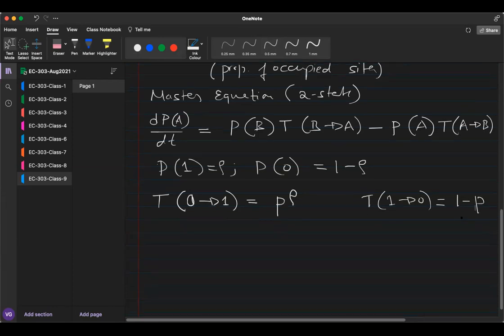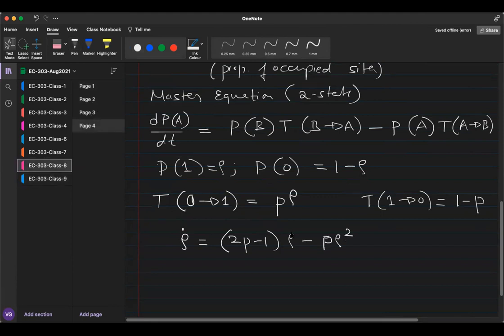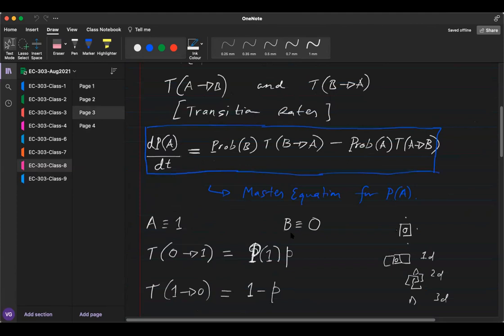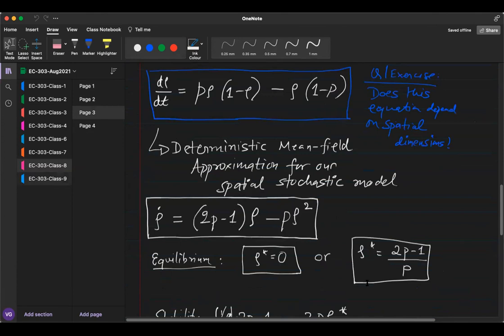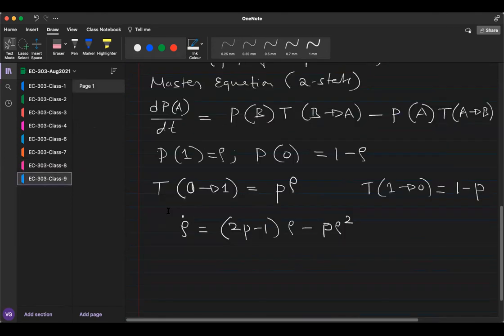So if you now put all this together, we found an equation for rho. If I remember correctly, we got this, with a P rho square term.